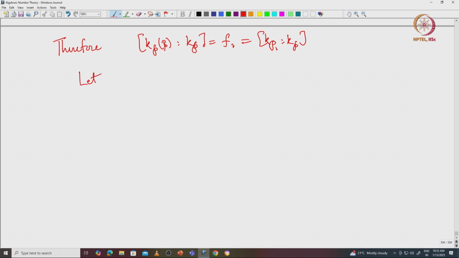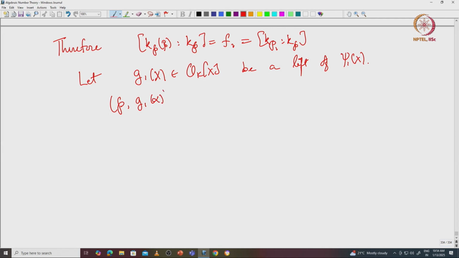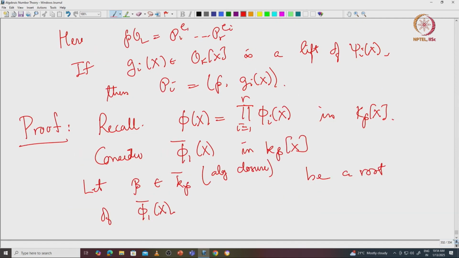So, let g 1 of x in O_K[x] be a lift of psi 1, then we have that the ideal generated by p and g 1 of alpha is contained in P 1. I hope I wrote alpha there.